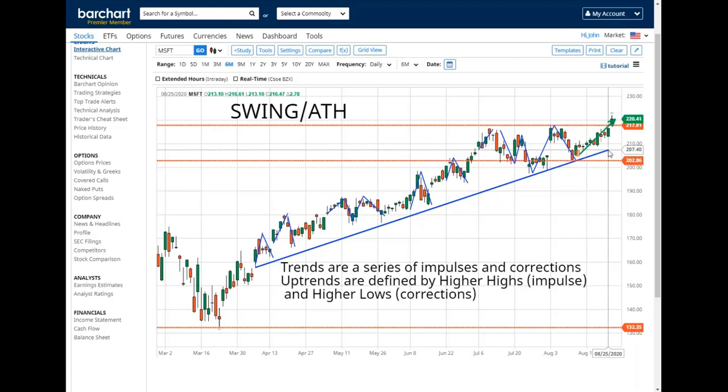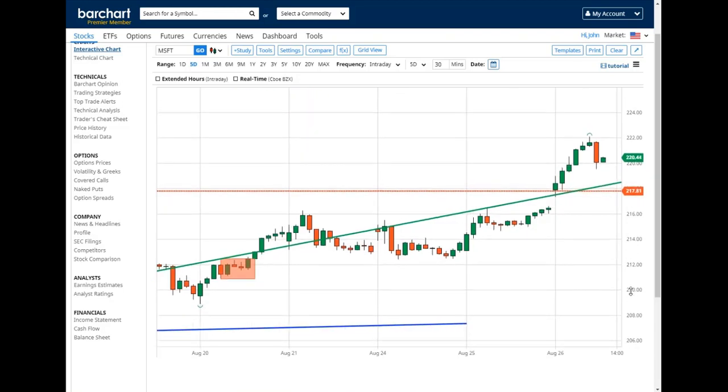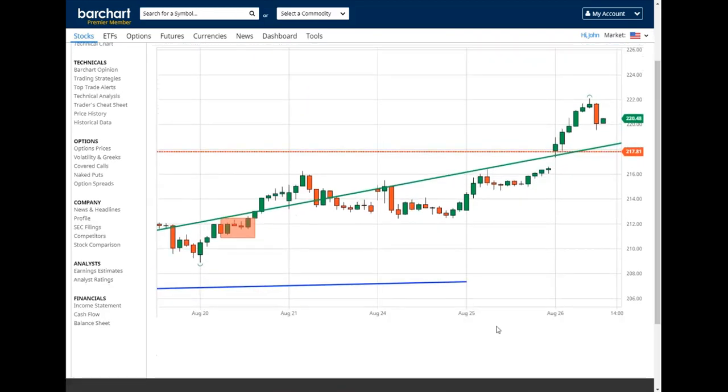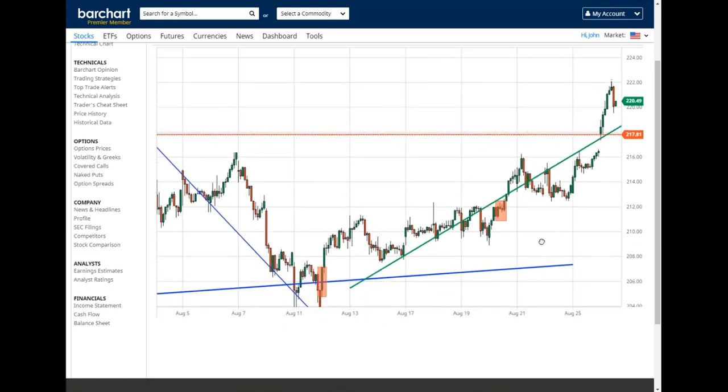You can see that I just have a trend line here around 207, 207.40. Again, if I go to my lower time frame, this is where I'm going to drill down and look around 207, 207.40.